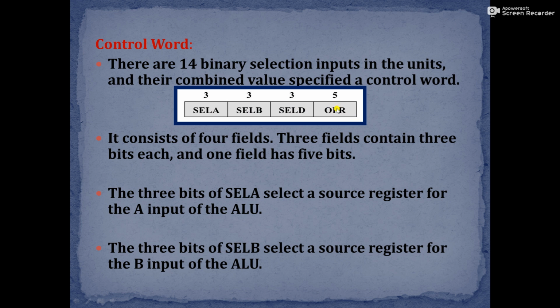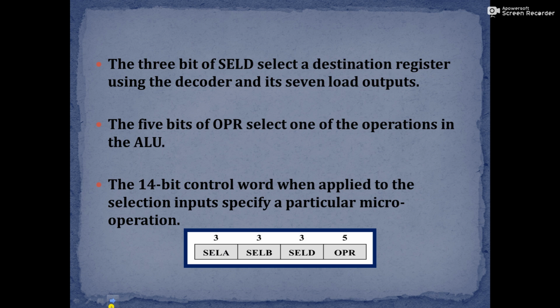The OPR field is used to specify the operation. Except OPR, the remaining 3 fields have 3 bits each. So in total we have 14 bits. So the 14-bit control word is applied to the selection inputs to specify the particular micro operation.